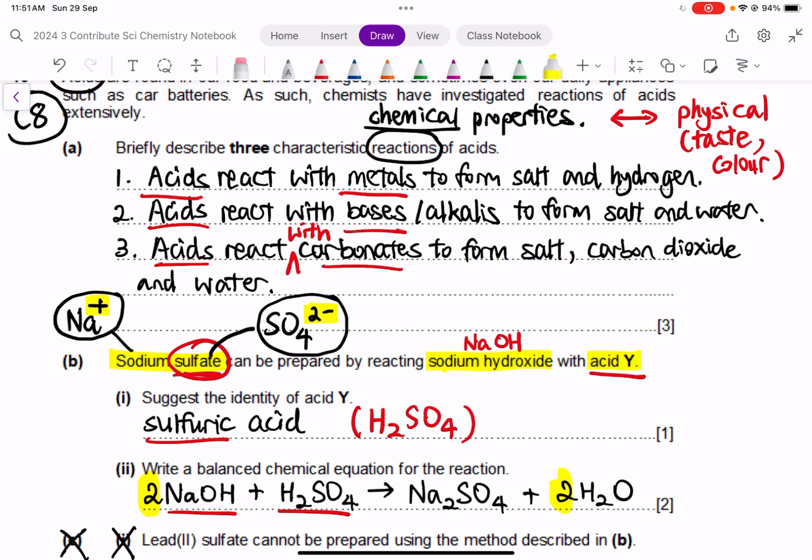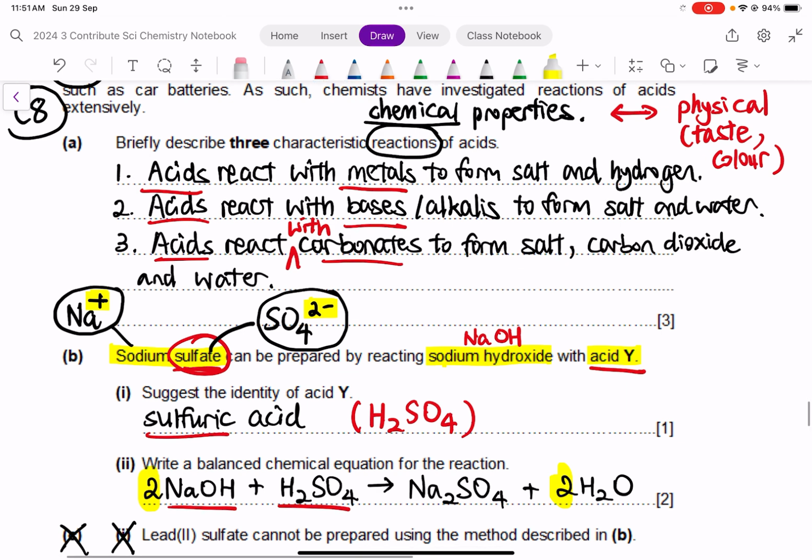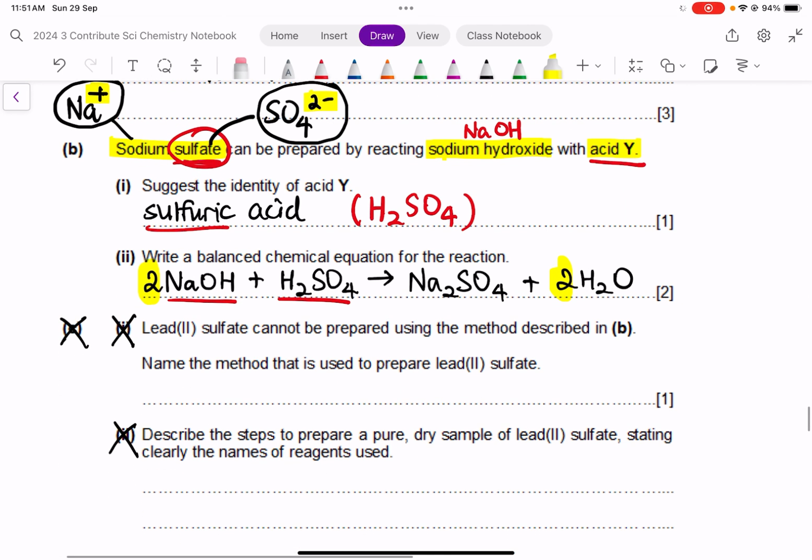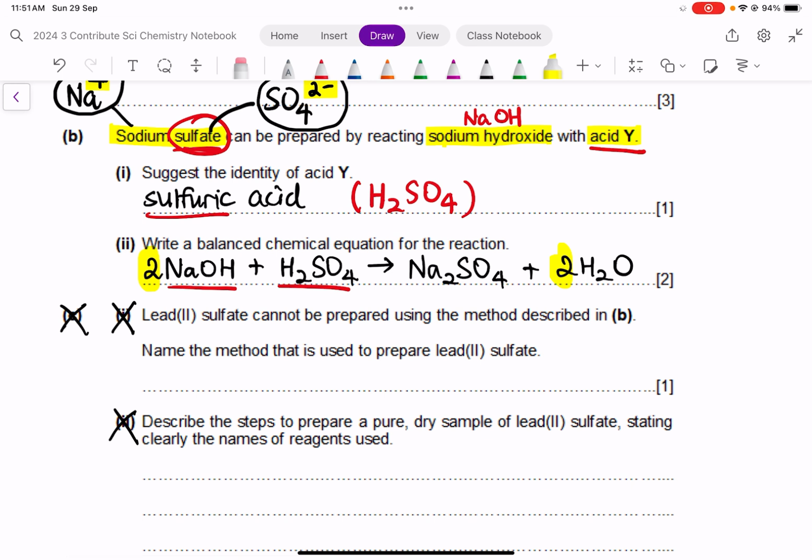Once the formula are written correctly, then we add numbers in front of the chemicals to balance the equation. If you have forgotten how to balance the equations, again, please refer to Chapter 8's revision video. Okay, and that concludes question 10, because part C is on salt preparation, which we will not cover because it's out of syllabus.